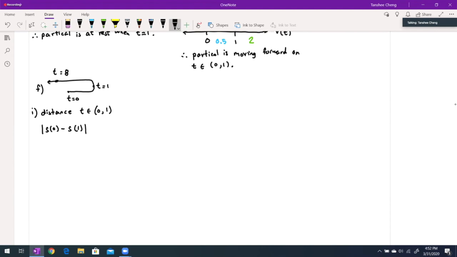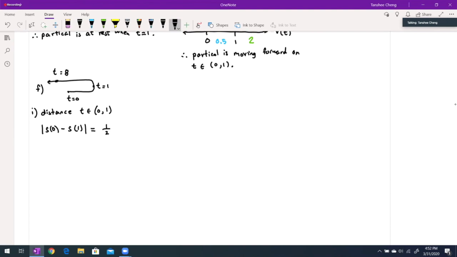You can do that in your calculator, and you can do it like this on the test also. You don't need to show the exact work. If you plug it into the calculator with the function, that will give me 1/2. Remember, we are evaluating in the s function, the position function.